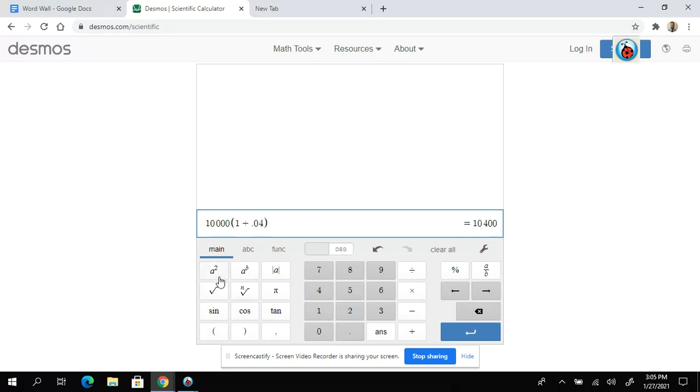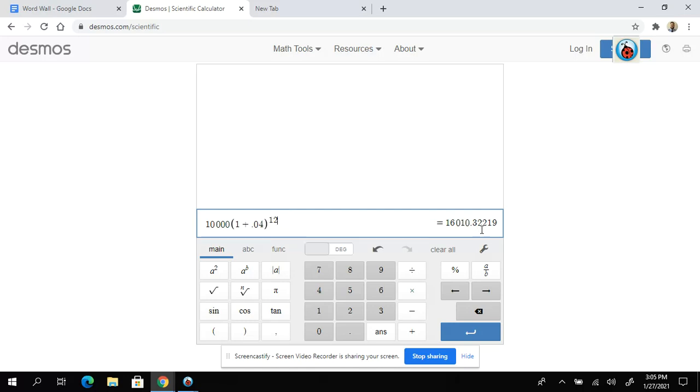We'll click the a squared to the power. It gives us second squared automatically, so we'll just have to click in front of it, backspace, and put 12. And we get $16,010.32.